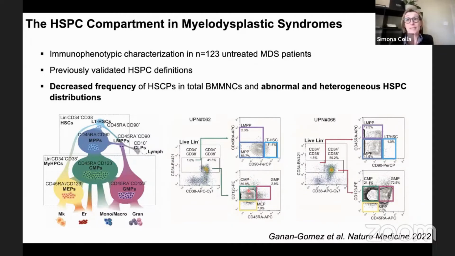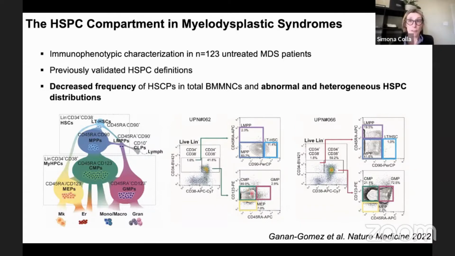This is a particular population of cells defined by flow cytometry antigens that at one time, not anymore, was thought to be the progenitor of all the other myeloid cells, so both myeloid and erythroid and megakaryocyte.